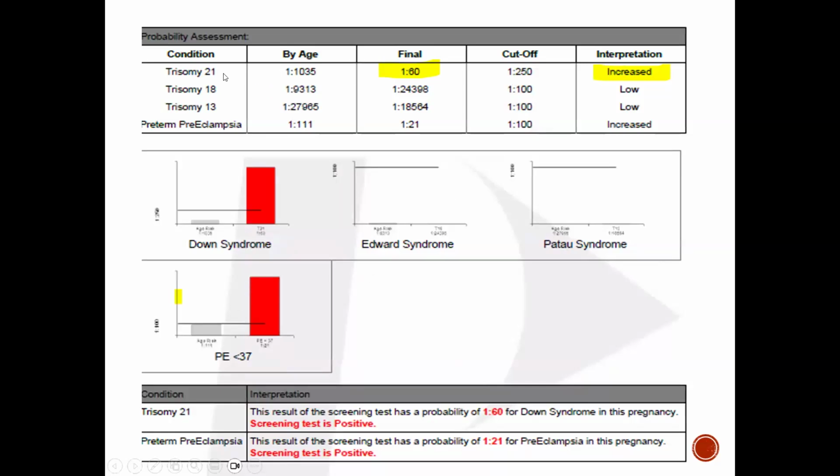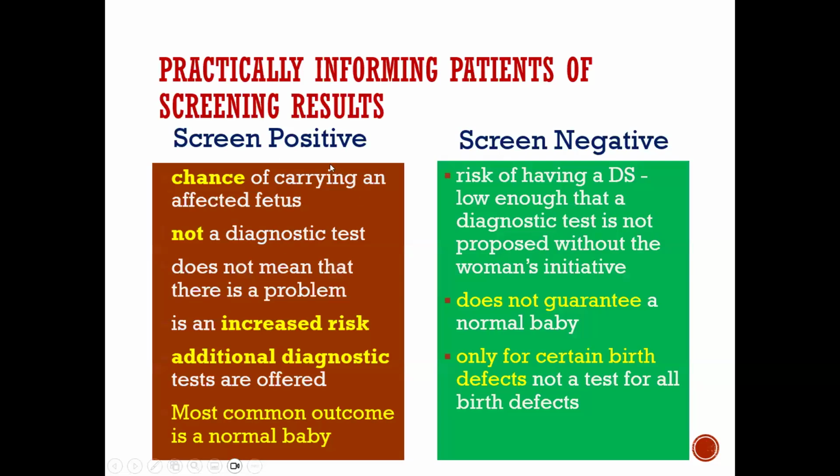So the patient came to me for this increased risk for trisomy 21. Now, how to counsel this kind of patient? Practically, the points to inform the patient in case of screen positive: we have to tell the patient that yes, you are at high risk, but your risk is 1 in 60. So there is a possibility of one baby being trisomy 21 positive in 60 babies.